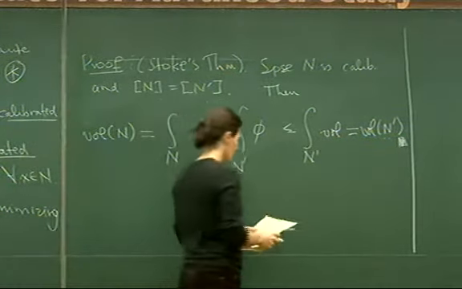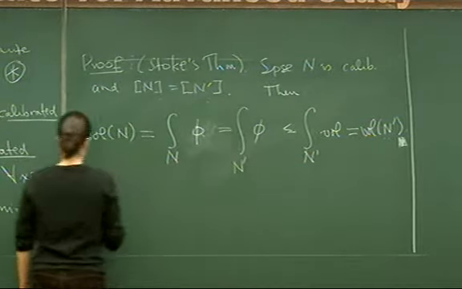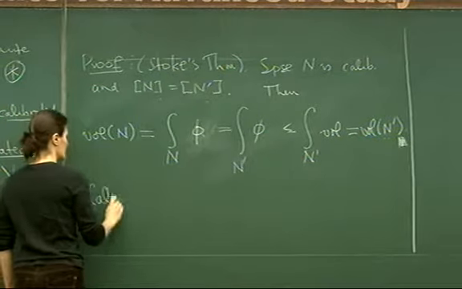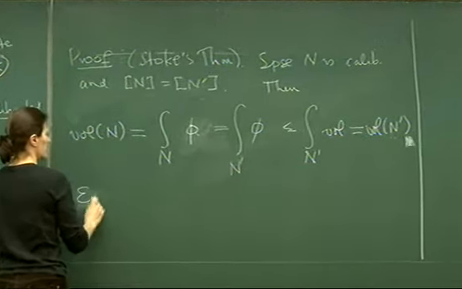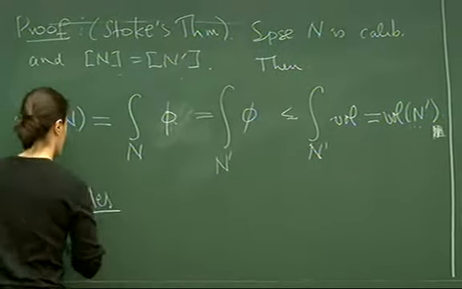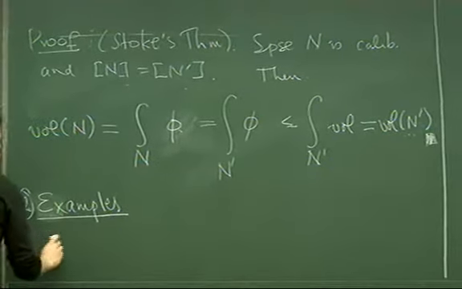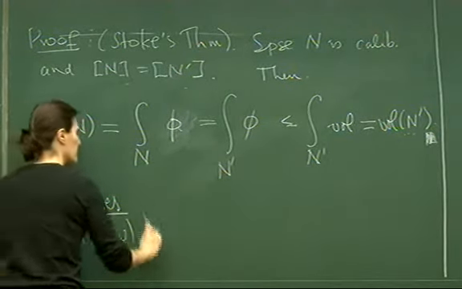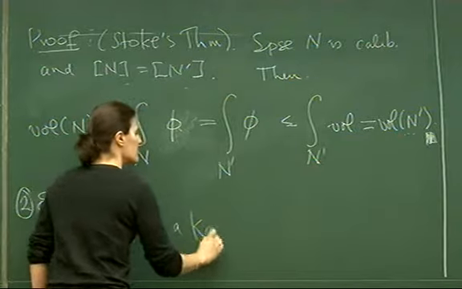Okay. All right, so let me give you some examples of calibrations and calibrated manifolds. So a very popular example is the following. Let (M, omega) be a Kähler manifold.